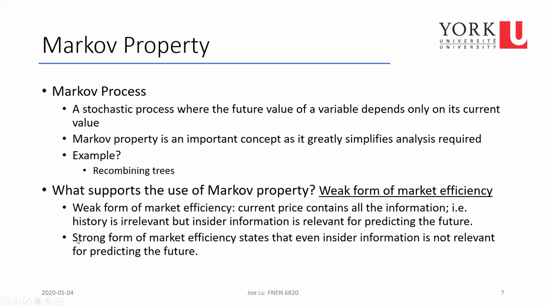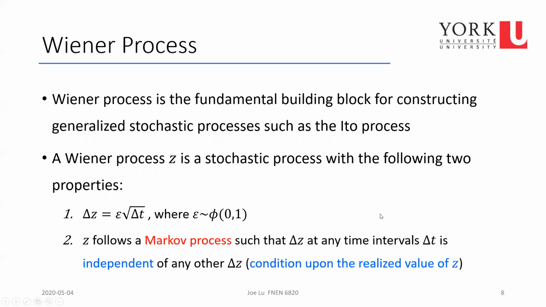There is also a strong form of market efficiency, which says that the future change of the price of the financial asset is independent of not just the current price, but anything current, so even if you have insider information, it would not really help. So for our purpose, the weak form of market efficiency is sufficient.